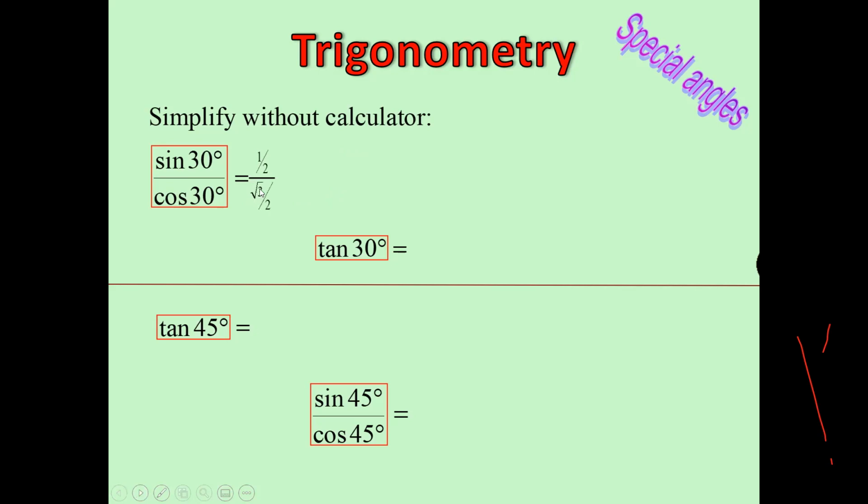They want to see the steps. Sine 30 is half, cos 30 is root 3 over 2. So remember what I said, a fraction divided by a fraction, you invert and multiply. So you see your 2s will cancel off, you're left with 1 over root 3. Somebody said if you type directly, what would you have got? Root 3 over 3, sir. That's the same thing as 1 over root 3. Okay, the calculator has rationalized the denominator.